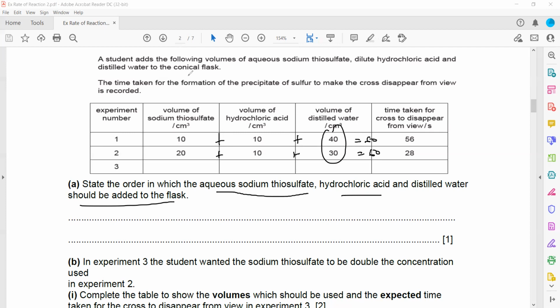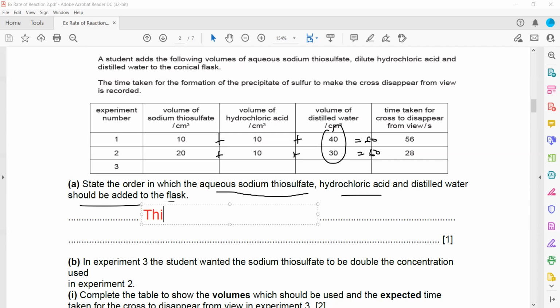It can be any order, but water should not be at the last. If you add water at the last, then there is no use of adding water, because the purpose of the water is to make the final volume of all the experiments the same, but water is not the reactant here. So what order can we follow?